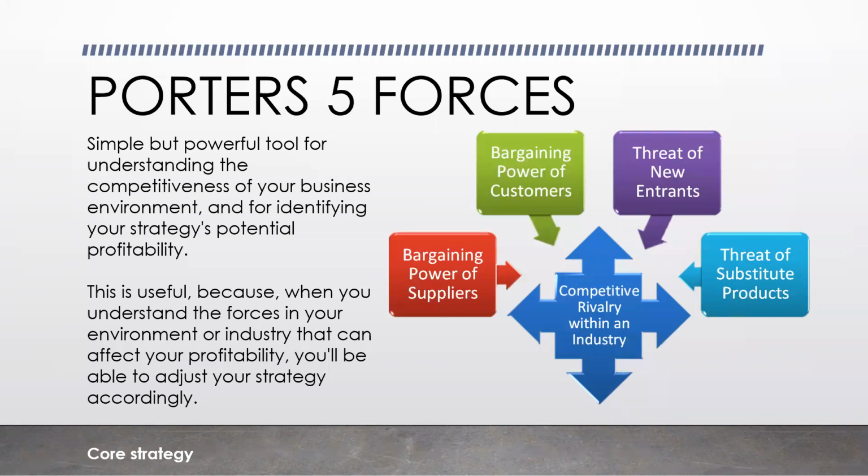Right, so you've got competitive rivalry within an industry. There are some industries that make it very difficult for anybody to enter. Very good example, Coca-Cola and Pepsi. For you to enter that market, you have to be very strong.